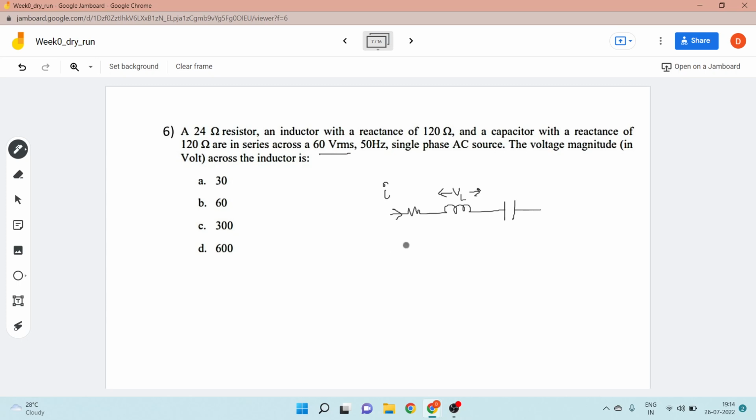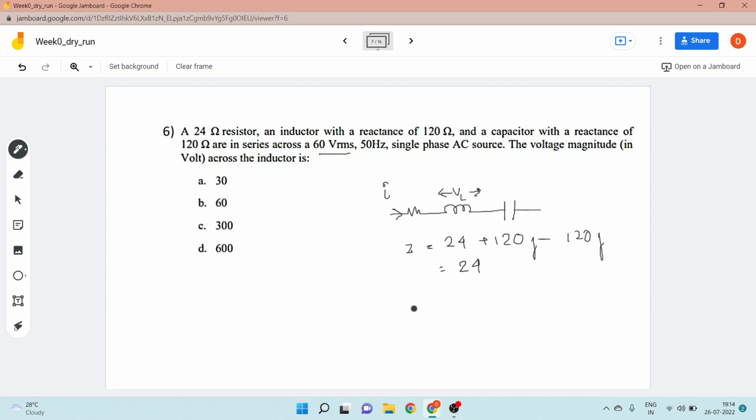So the total net Z will be 24, since the inductor reactance and the capacitor reactance are of the same value, they will cancel each other out. So it will be in resonance, right?